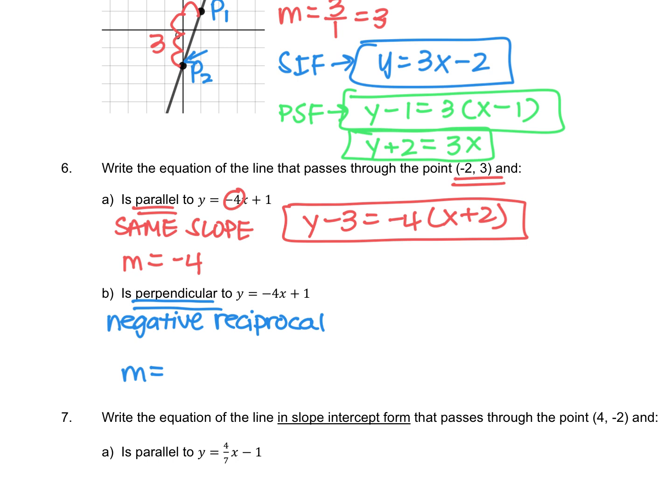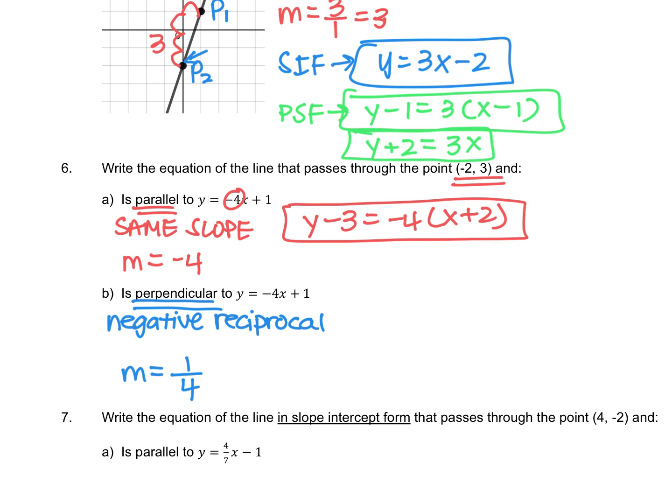Not negative, so it has to change. So it changes to positive and it switches. So 1/4. My perpendicular slope is going to be 1/4. Which point am I using?